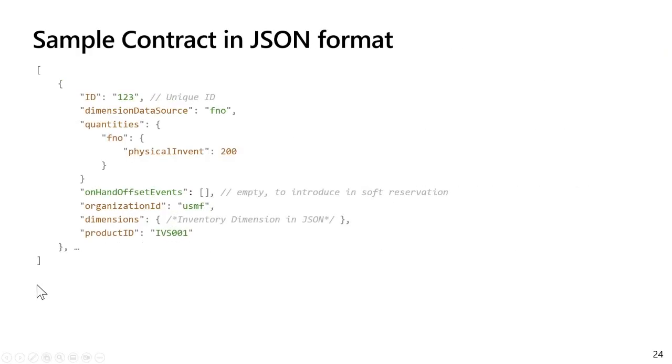So here is a sample contract in JSON format, in the data format that is accepted by inventory visibility service. The contract consists of the following components. Firstly is the ID. We don't have a special requirement for that one, except it should be unique for each record.